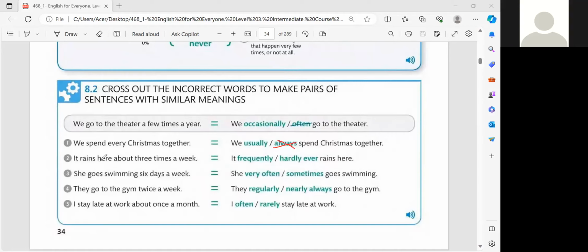It rains here about 3 times a week. Your answer? It frequently rains here. All right. Number three. He goes swimming 6 days a week.